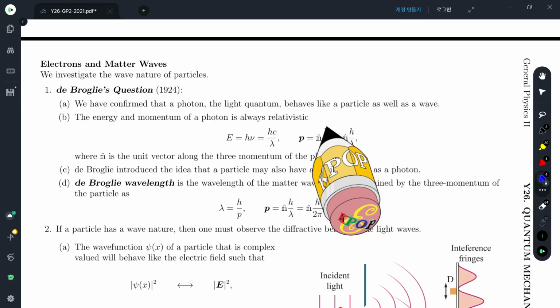This quantized behavior of the bound state is quite similar to, not exactly the same, but very much similar to the string vibration, the boundary value problem.